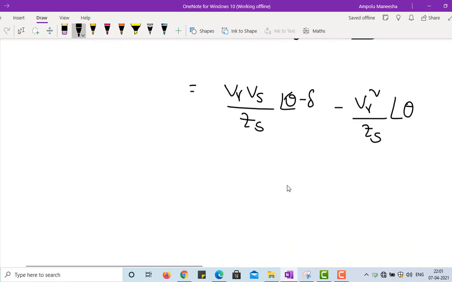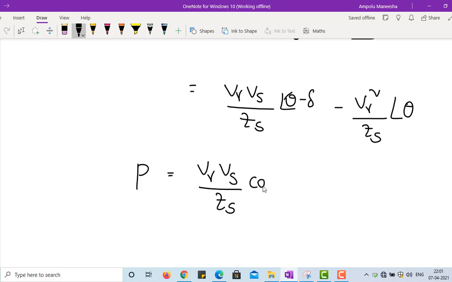So, the active power received is VR Vs by Zs into cos theta minus delta minus VR square by Zs cos theta.